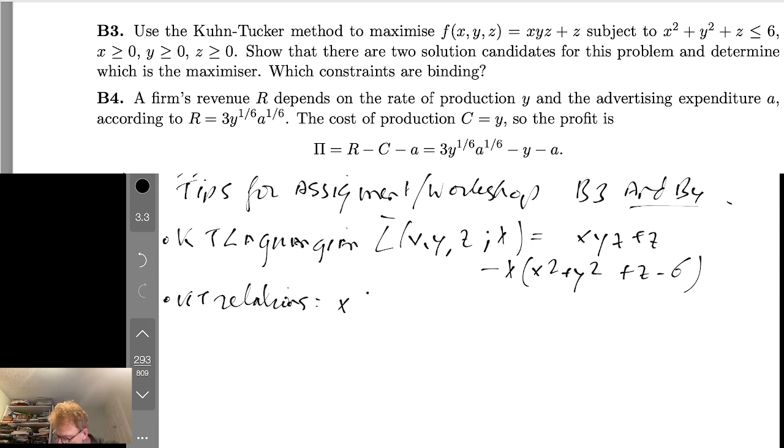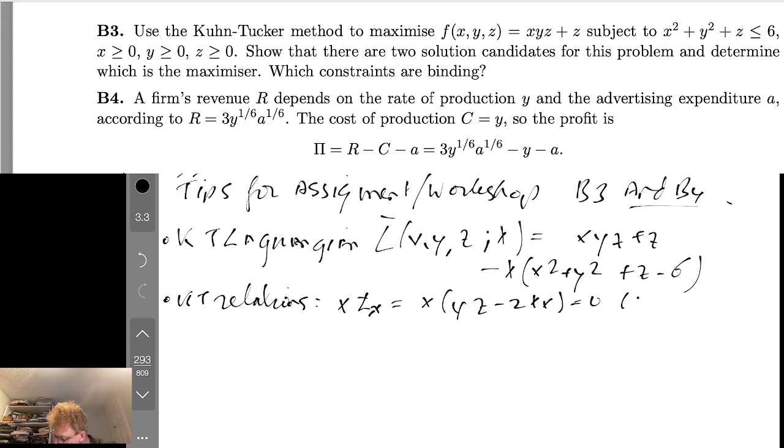So that's x times L bar dl dx, so that's x times (yz minus 2 lambda x) is 0.